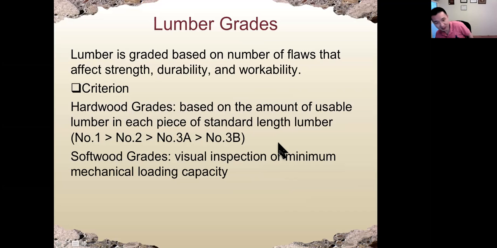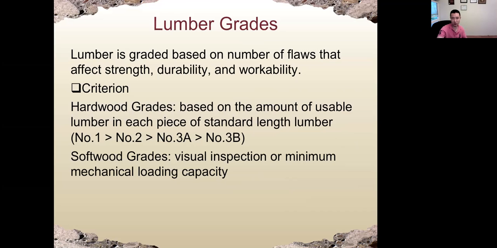All right, so last couple of slides about wood, we talk about grade and also other properties of wood. The lumber is graded based on number of flaws, which will affect strength, durability, and workability. For hardwood, the grade is based on amount of usable lumber on each piece of standard length lumber.